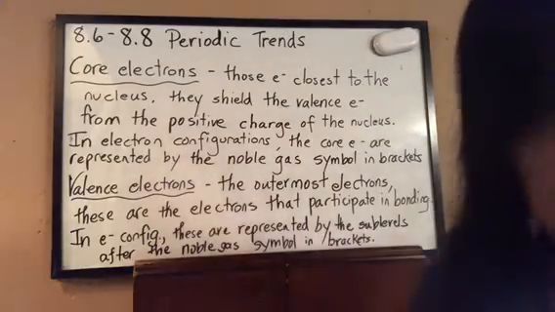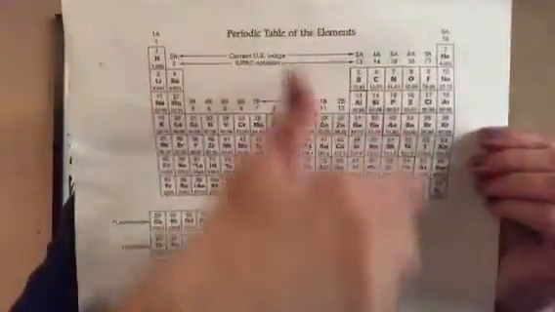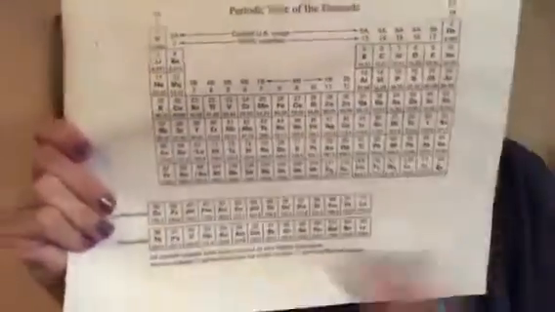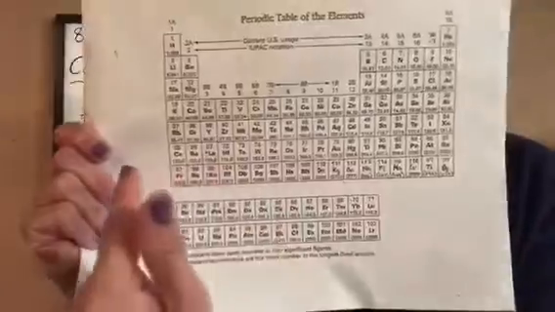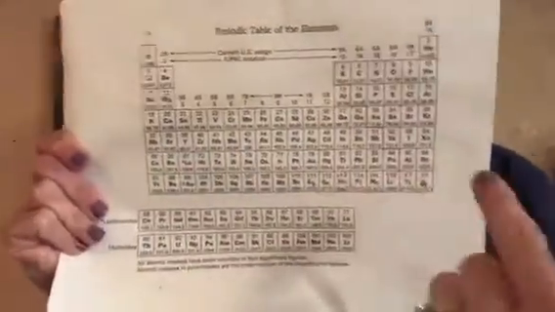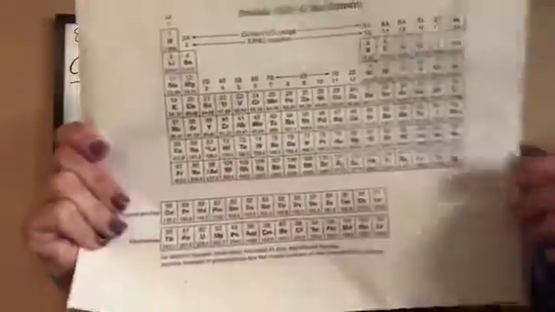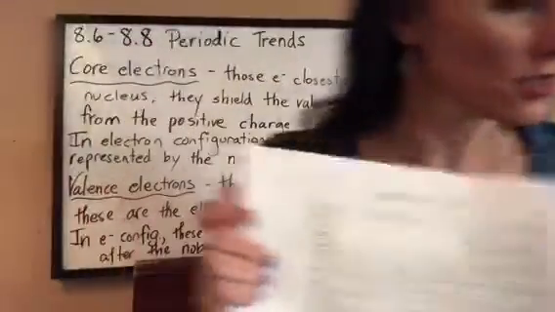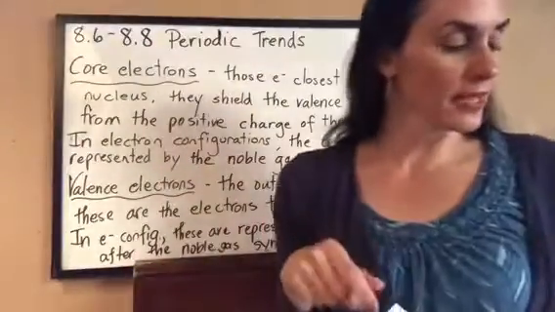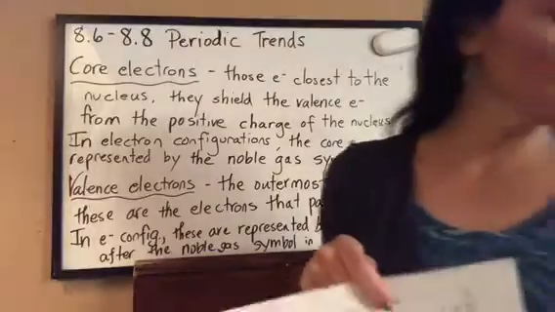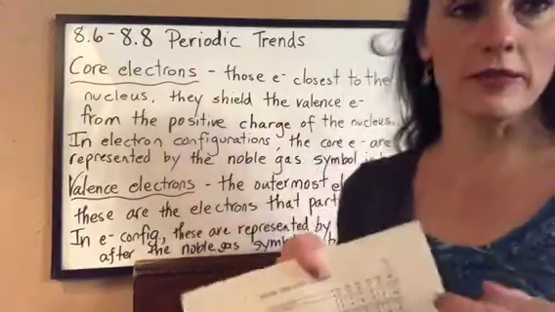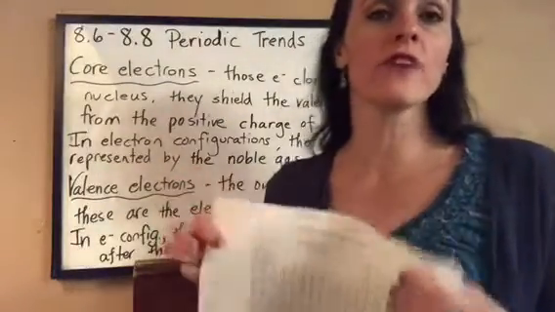We also want to remember that the vertical columns are the groups. But let's remember that as we go across, these are called the periods, or the rows. So we're going to talk about periodic trends. You can look in the textbook, and it talks about the history of the periodic table, which is very fascinating.